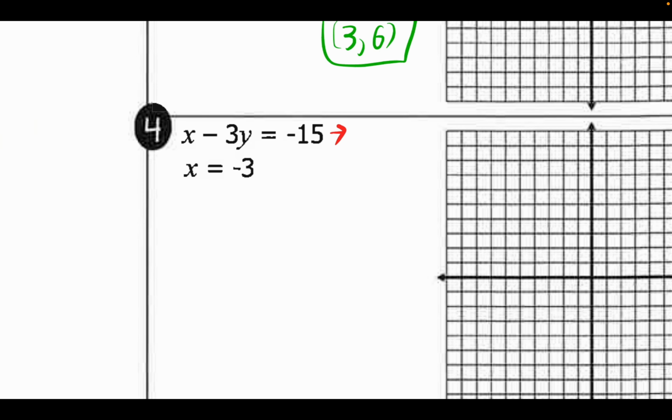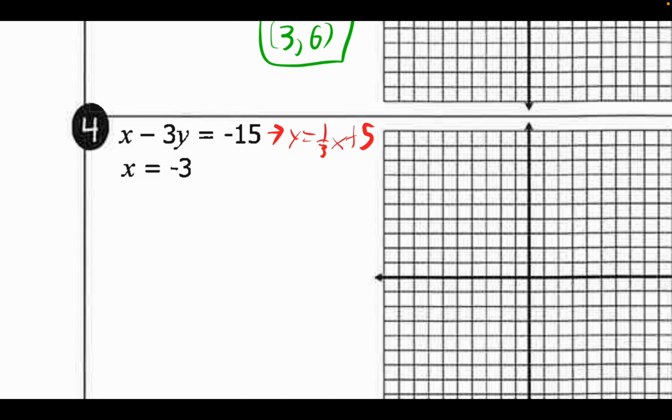This first equation ends up becoming y equals 1/3 x plus 5. The bottom equation is actually already in slope-intercept form, kind of, because there is a slope that is undefined and no y-intercept. There is no solving it. It's done with the second equation.